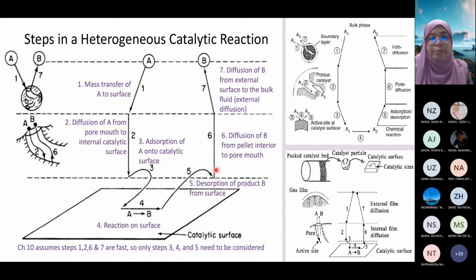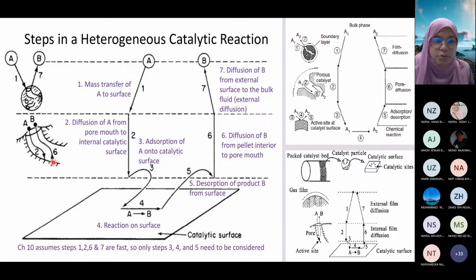And then remember, some of the product dia still inside the pore mouth. So macam mana dia nak keluar daripada pore mouth ni? Through diffusion. Diffusion of product B from pellet interior to pore mouth.